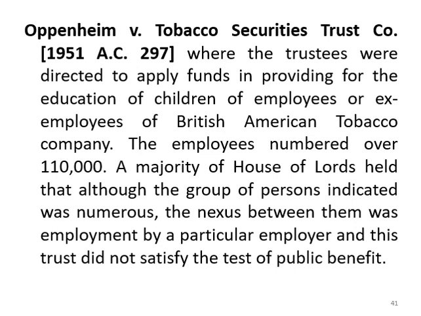In the Oppenheim case, even though the number of beneficiaries was more than 110,000, it doesn't matter. If there's a connection between the author of the trust and the beneficiaries, then they cannot be categorized as public or a section of the public. Therefore, it can be a private trust, but it can't be a charitable trust.